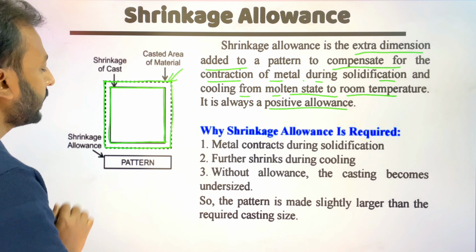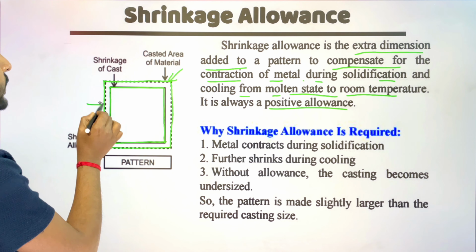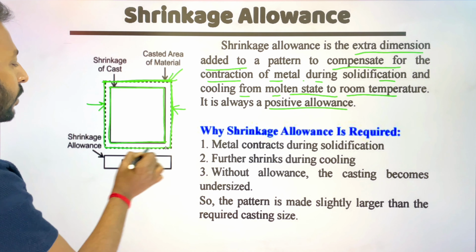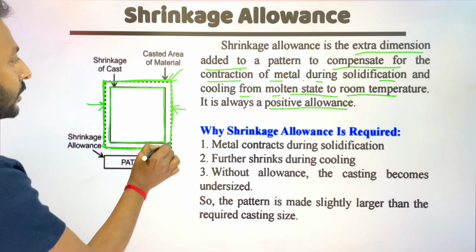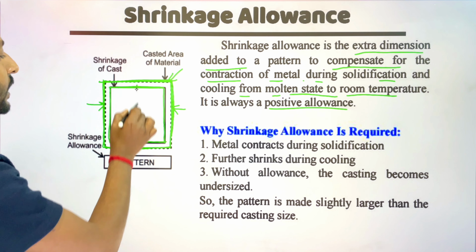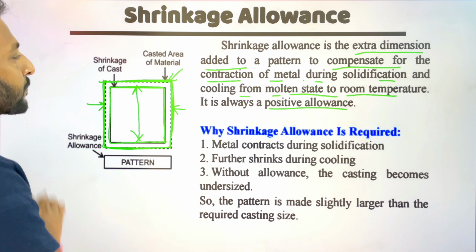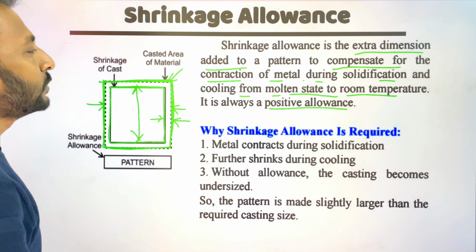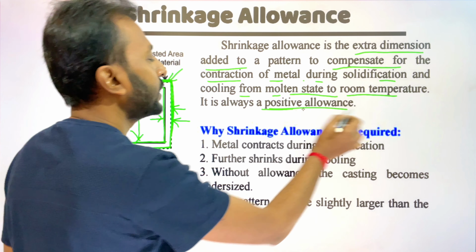So the dimension is getting shorter from the given dimension. That's why we are creating this kind of dimension to the pattern, and after solidification we are getting this. The final product dimension will be this. So this is the extra dimension added to the pattern. So it is always positive allowance.